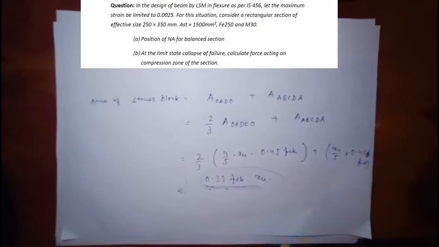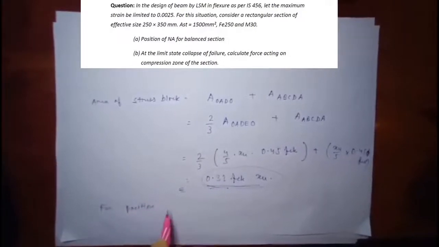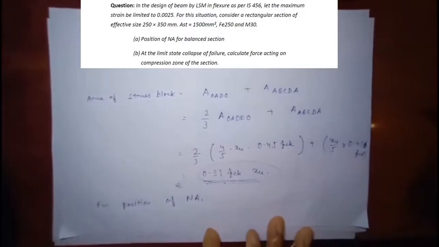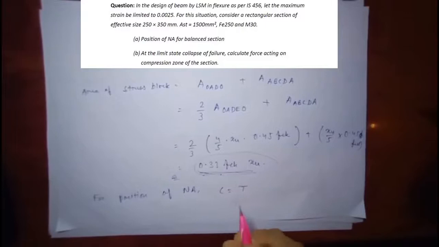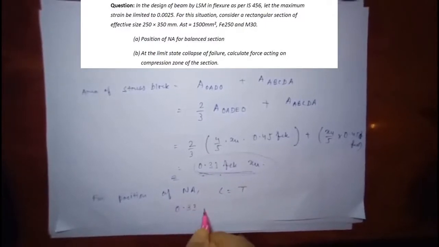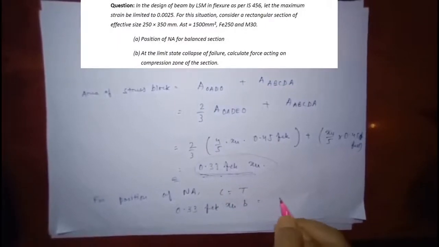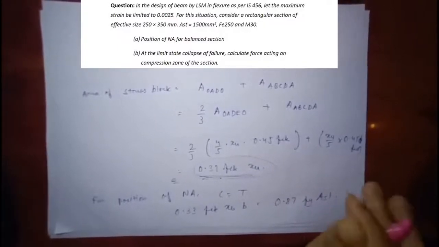For the position of NA, C is equal to T, so 0.33 fck xu b is equal to 0.87 fy Ast.